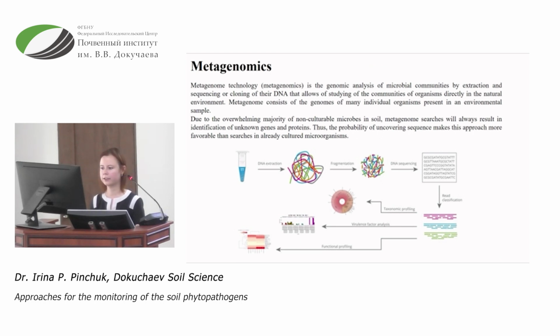We cannot say that it is really part of this direct sample. But because of this method, we can understand the taxonomic profile, what we can find here, and we can also understand functional groups of these organisms.